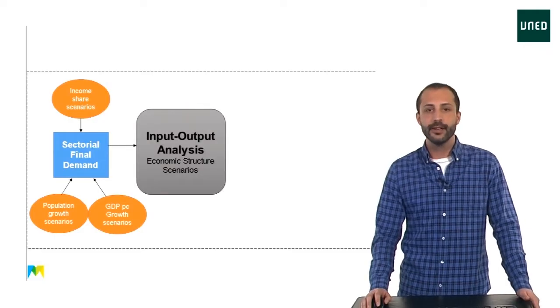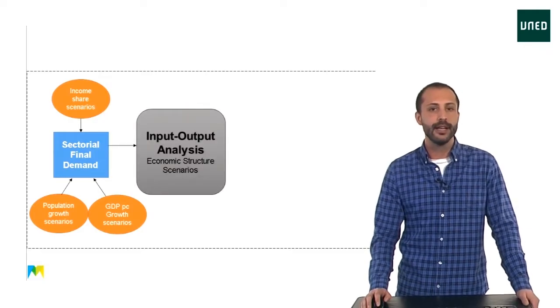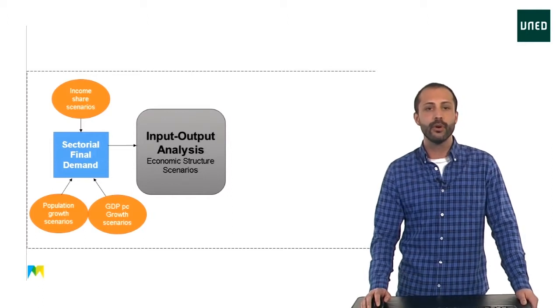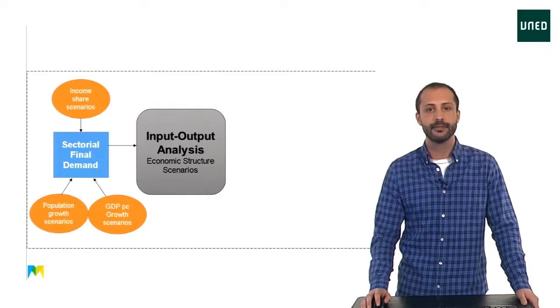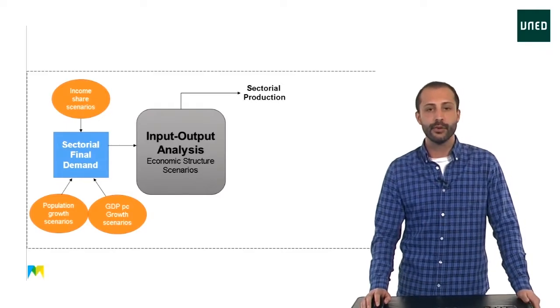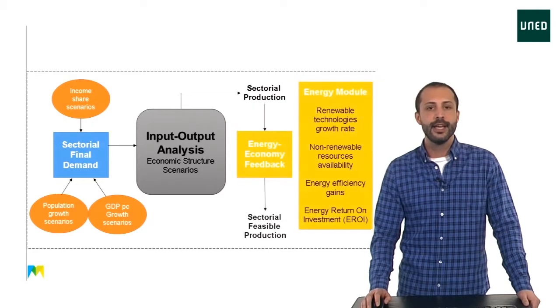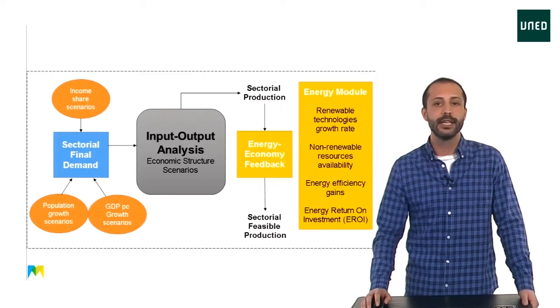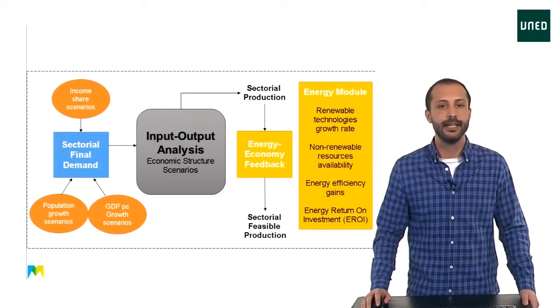Then, we calculate the production required to satisfy this sectoral final demand through an input-output analysis of both direct and indirect effects. After that, by using energy coefficients, which are the energy intensities, energy demand by the 35 sectors and 5 final energy sources are obtained.